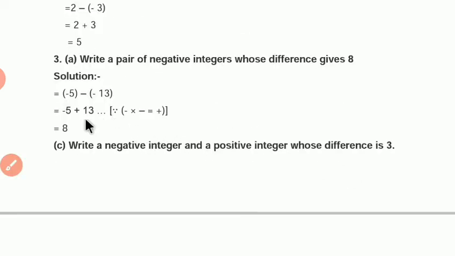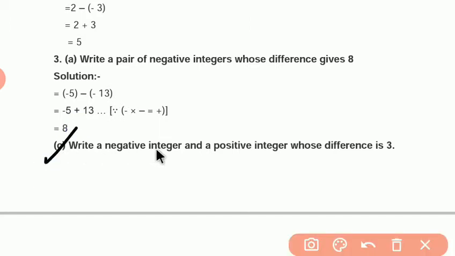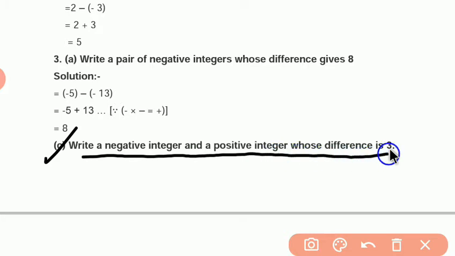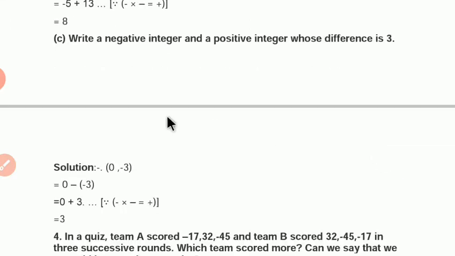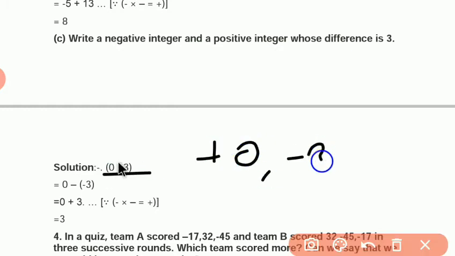Then B. Write a negative integer and a positive integer whose difference is 3. Now we have to write a pair of a negative and a positive integer, and if we find the difference between the negative and positive integer, we should get the answer as 3. So here you can see, negative and positive integer means 0 is a positive and -3 is a negative integer.